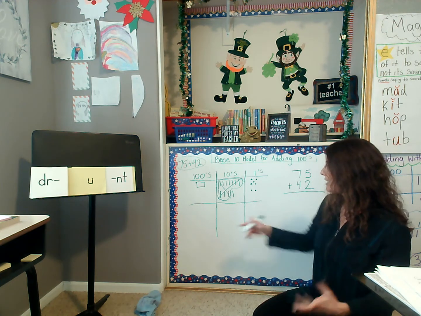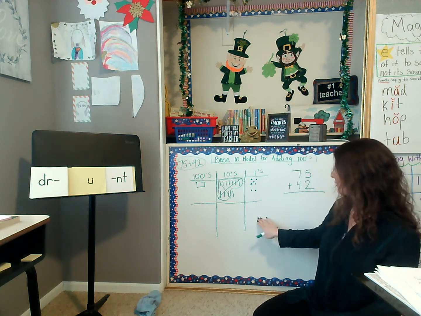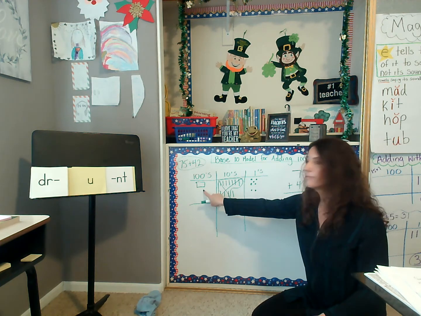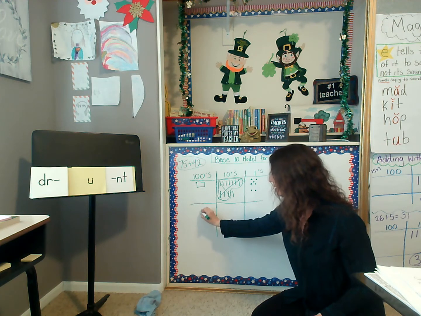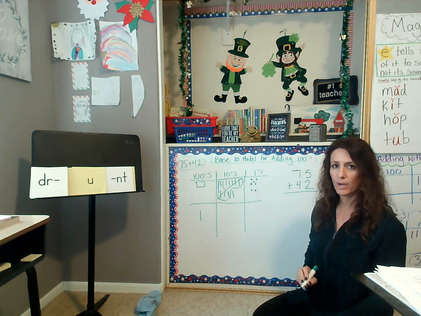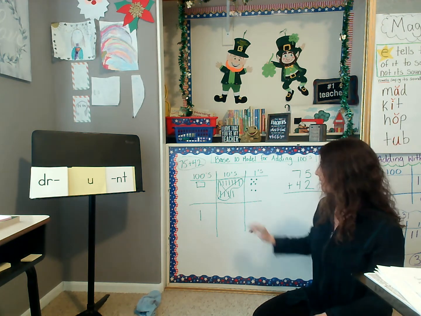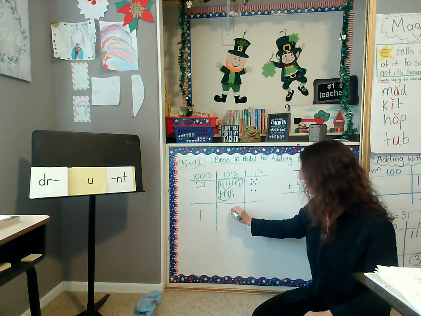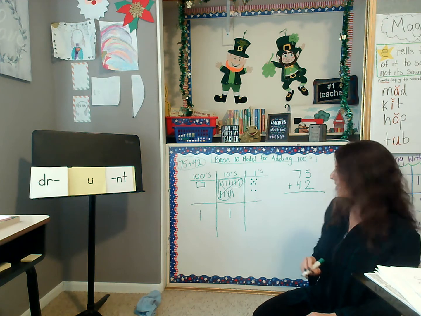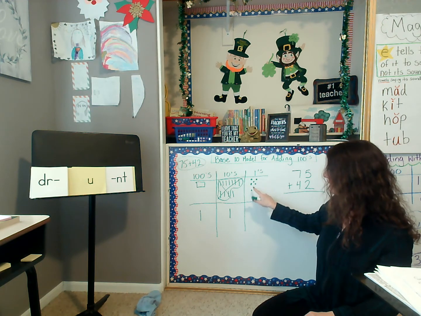Now we're ready to write down what we have left over. Okay, so we have one group of 100. So we're going to write one group of 100. We have 10 left over. And we have how many ones?